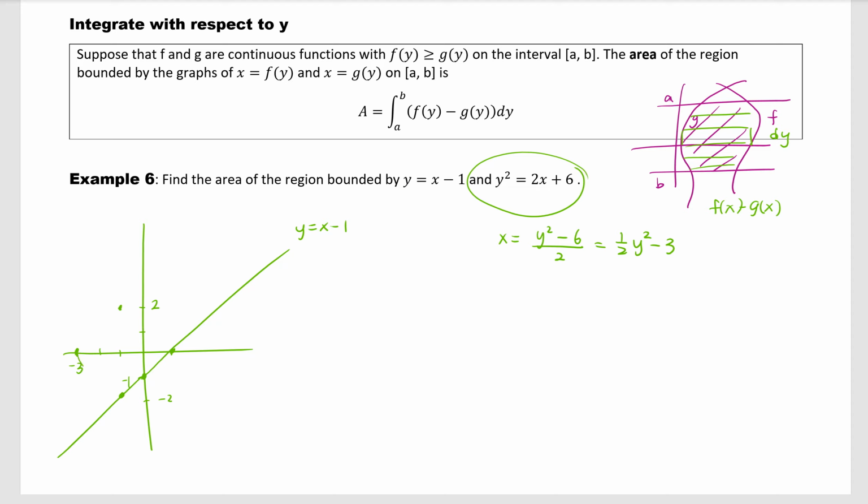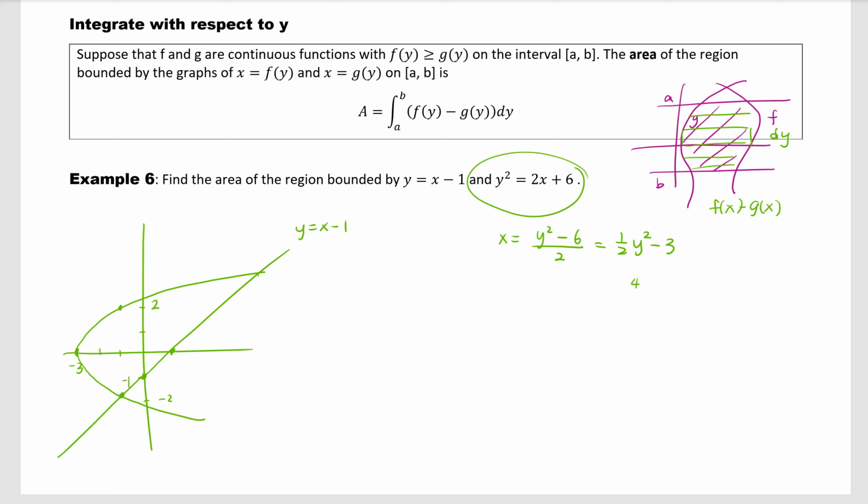So we can connect them smoothly. And this guy, we know there must be another intersection point. Let's try to find it. Remember we want to find integers. So we will plug in y equals 3, but it won't give us an integer, so let's plug in y equals 4. 4 squared, 16, 16 divided by 2, 8. 8 minus 3, 5.